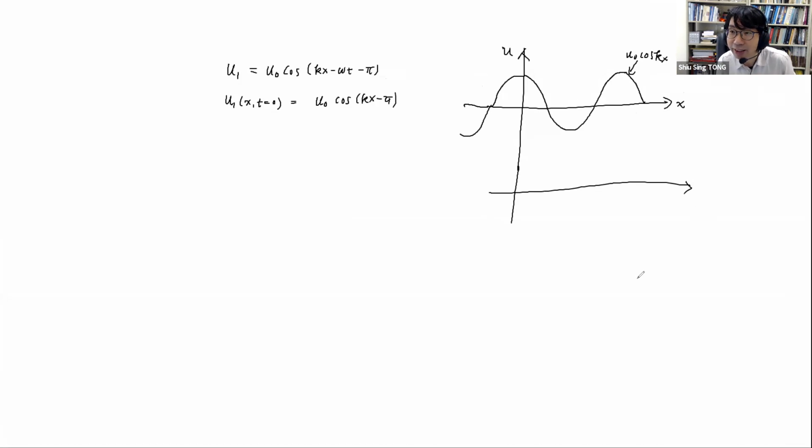Do you remember that? We always compare the phase with 2 pi, then multiply by a period. If I put pi here, it corresponds to half of a period. So that means you shift the wave to the right hand side by half of the wavelength, or equivalently half of the period. It doesn't matter.